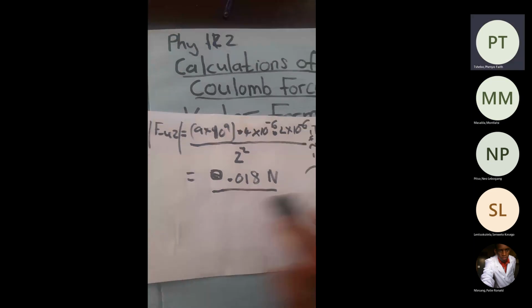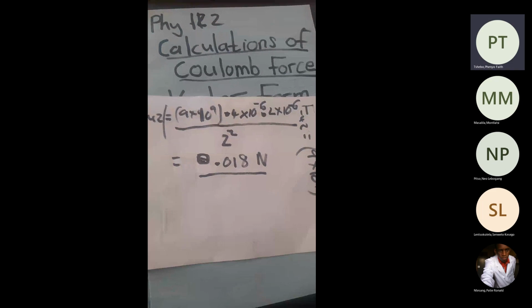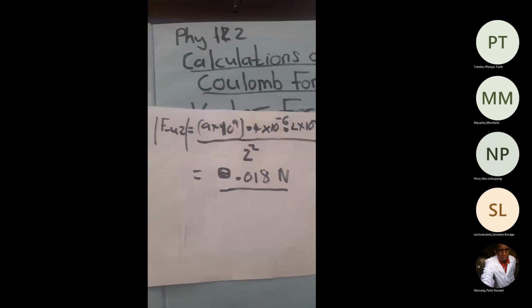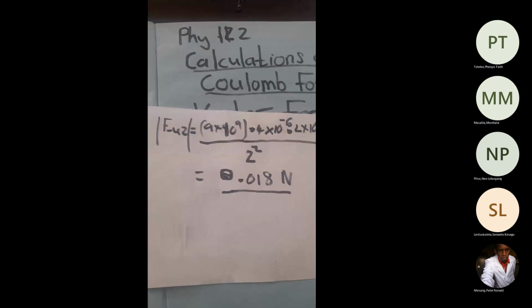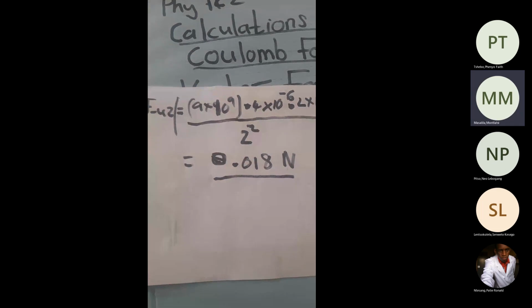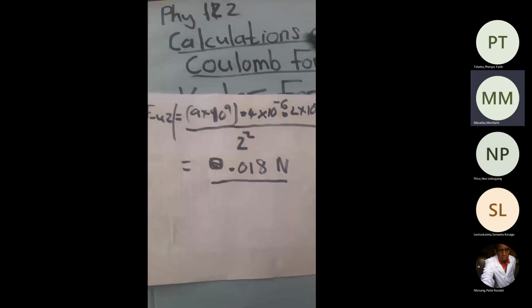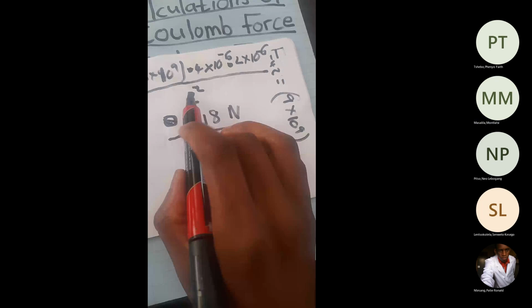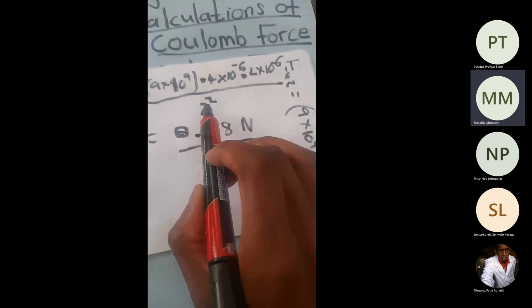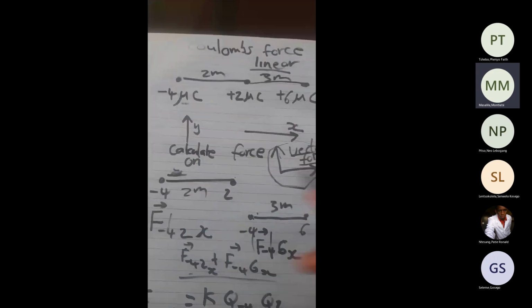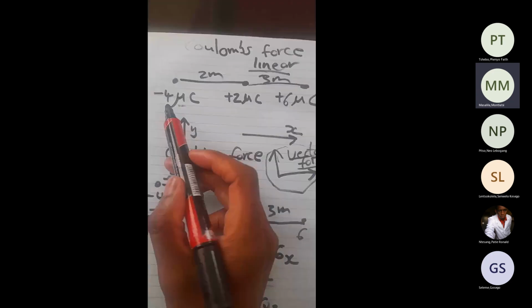He's asking where we got our 2 squared. I said that the distance between these charges we are dealing with, the distance between Q4 and Q2, is 2 meters.